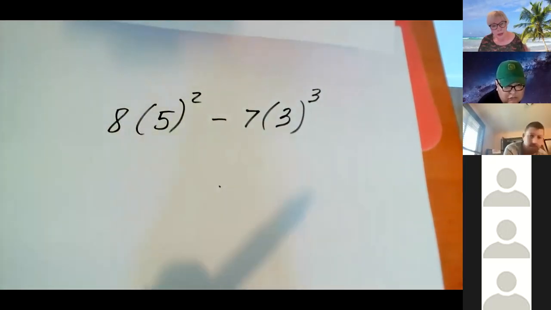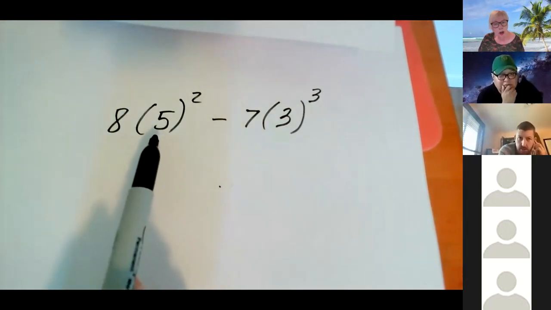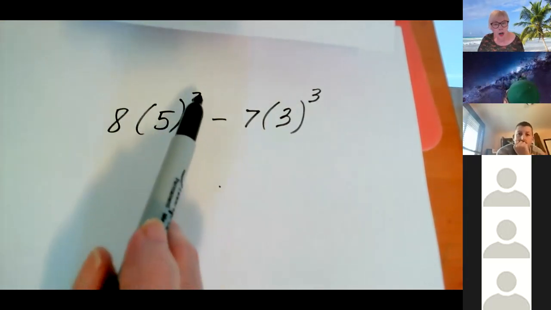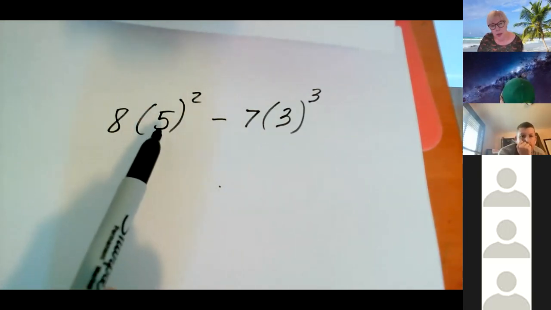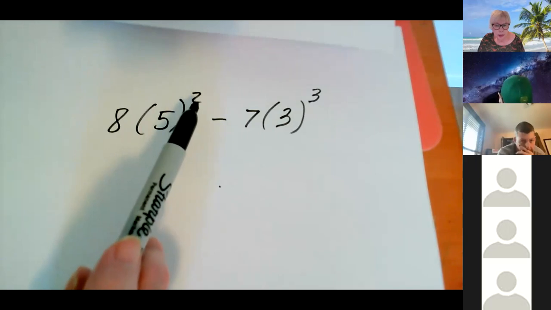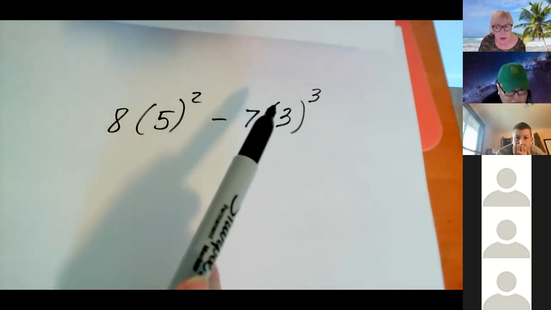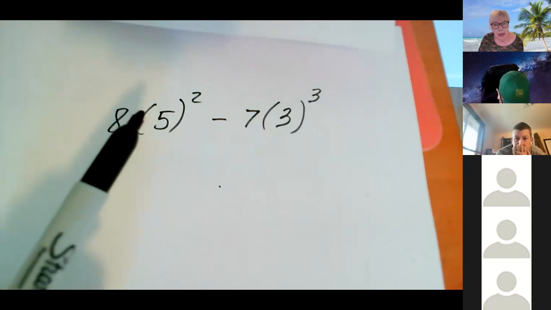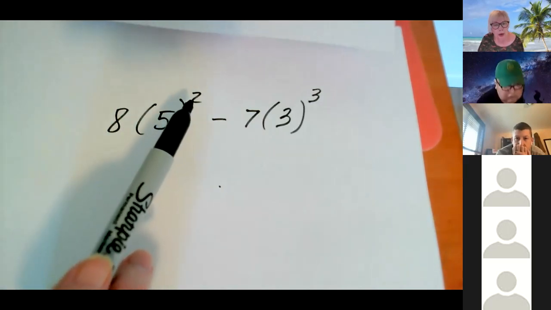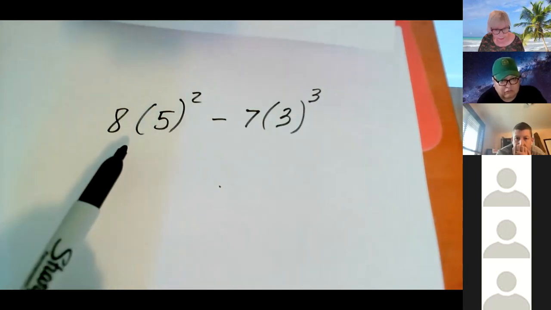Now, here's another good one. We've talked about parentheses and we've talked about exponents and so on. My first question here is, you see this square and powers are high on the list. The square or the second power applies to which number?